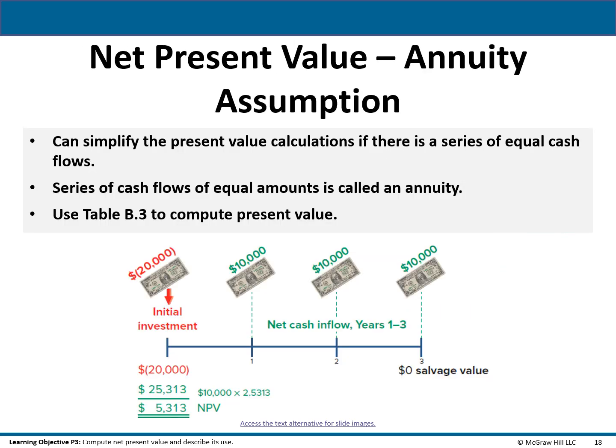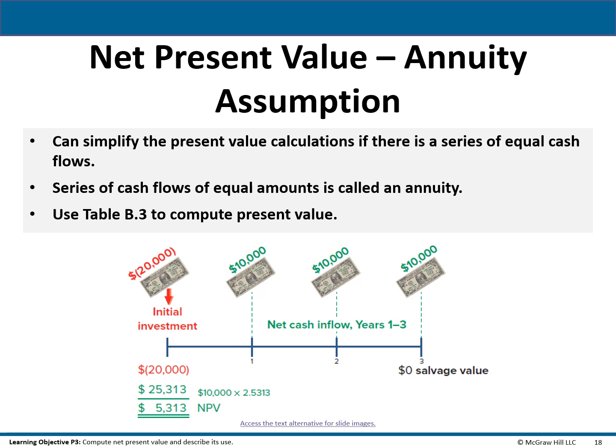So calculating the net present value is simplified when we have annual net cash flows that are equal. A series of cash flows of equal amount is called an annuity, as you probably remember from Appendix B. Table B3 gives us the present value of an annuity of 1 to be received over different periods. So to determine the present value of these three amounts discounted at 9%, you go down the 9% column of Table B3 to the factor on the third line for the 3 years.